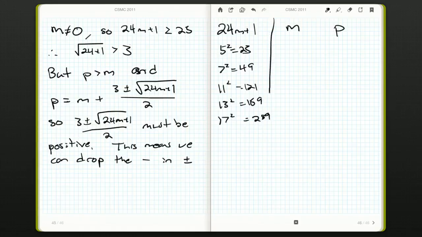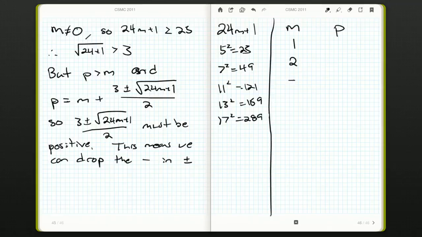And let's see what values of m and p we're getting here. So that's m is 1, 2, 5, really? 120 divided by 24.